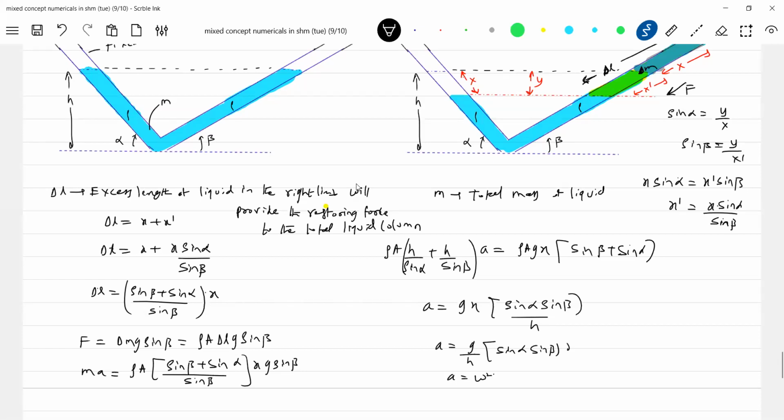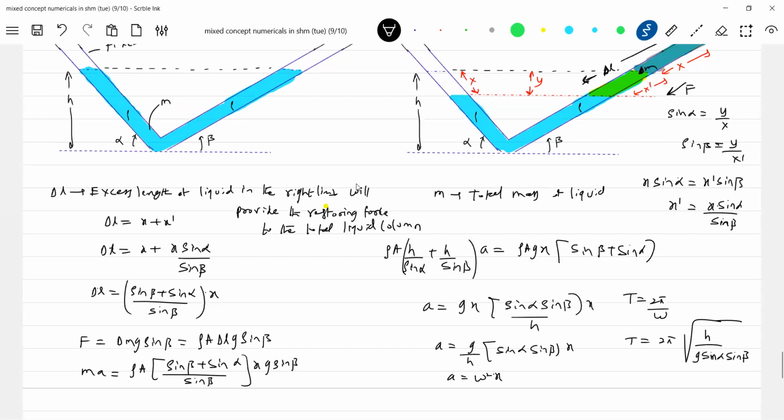Omega square, okay, this X is missing, so I'll write X here. So the time period will be 2 pi, root of H by G sine alpha sine beta.